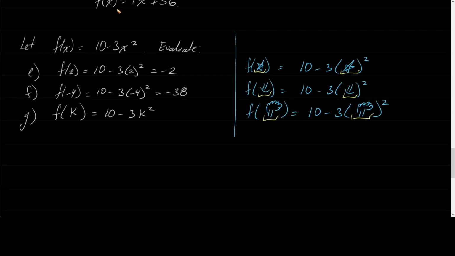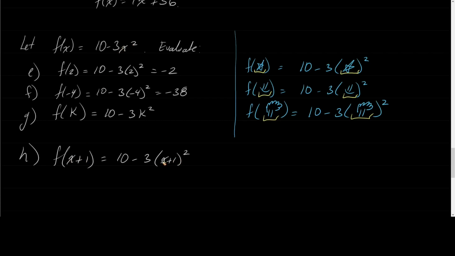So if I had something like f of x plus 1, what would this be? Whatever's inside the parentheses replaces the x. So I have 10 minus 3 times x plus 1 squared. This squared comes from this squared, but again, whatever was inside the parentheses replaces the x.